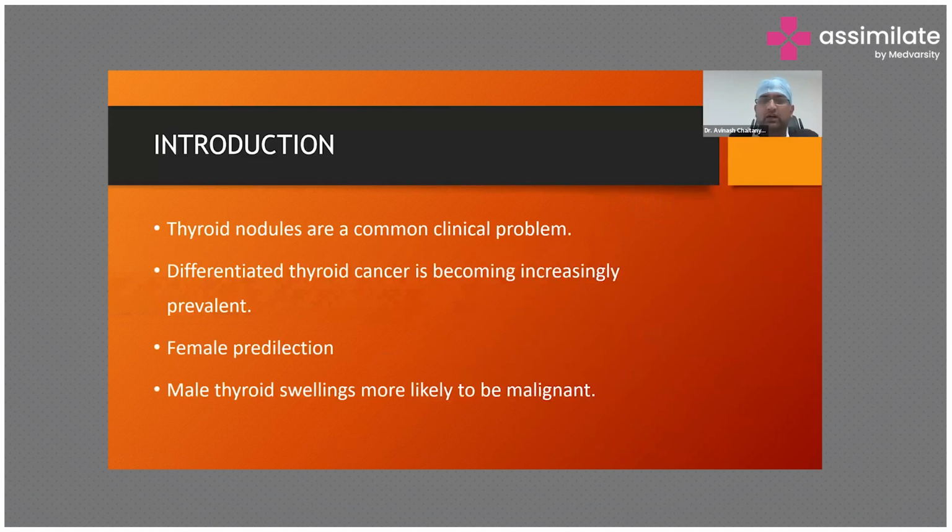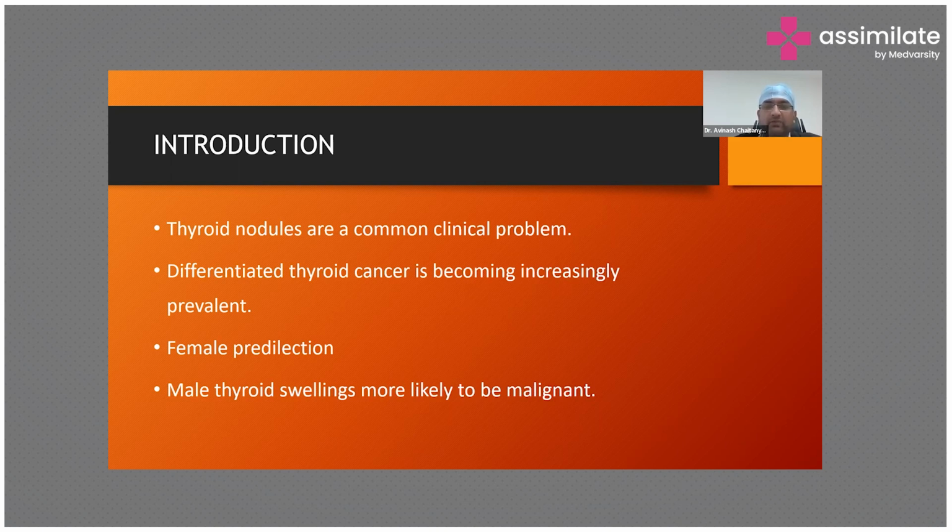thyroid nodules are a very common clinical problem. If you sit in an ENT OPD or an oncology OPD, at least 2 to 3 thyroid patients will come once a week. The problem is not only benign thyroid glands; even differentiated thyroid cancer is becoming highly prevalent.